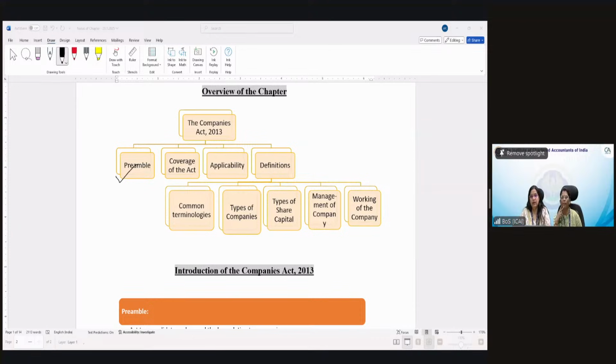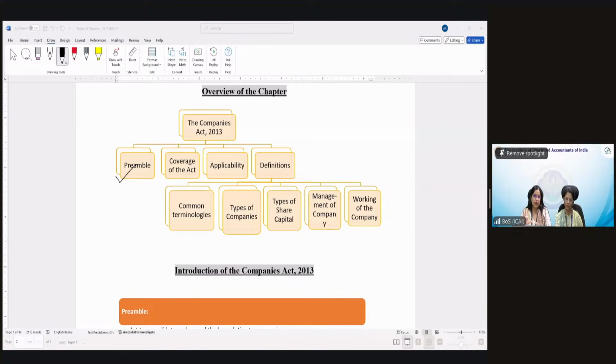Before any act is started, we give a preamble. When we read a novel also, there is a preface which tells about the setup or the background of the novel. It gives you a brief hint of what the act is dealing with.